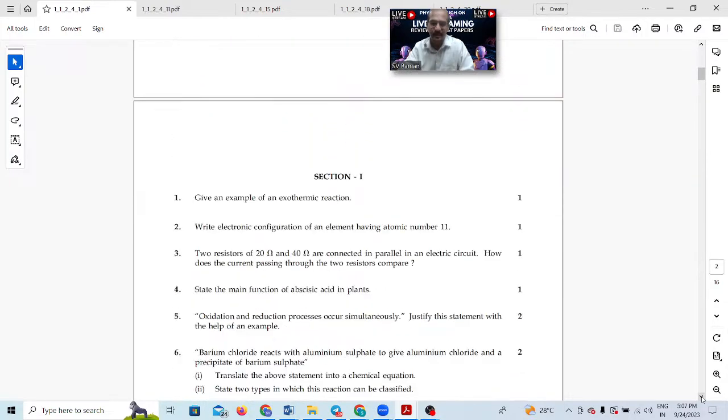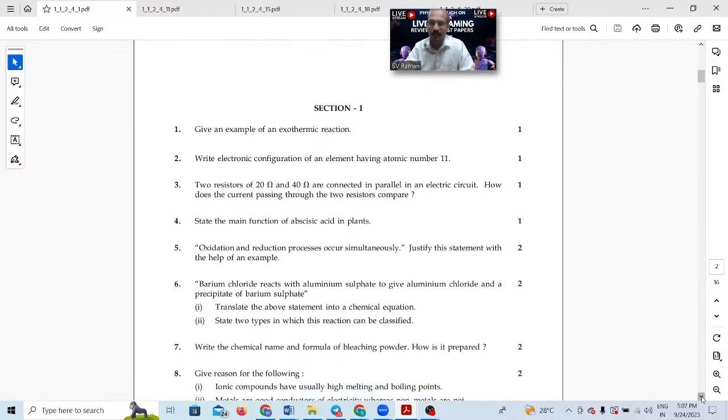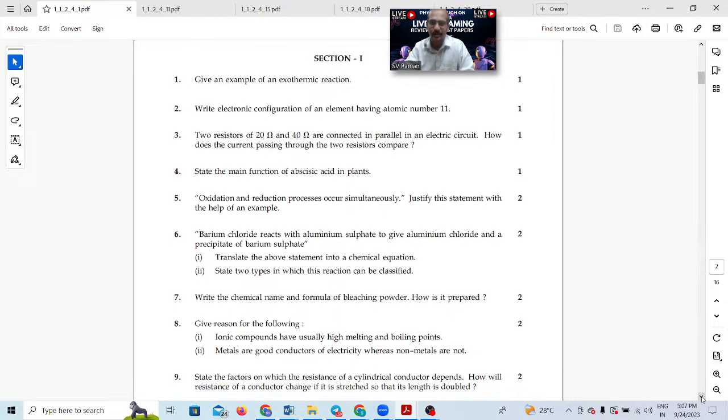Now you can see there are 1 mark questions. Question number 3, yes, we can identify now. Where are the physics questions and how to write the answers.